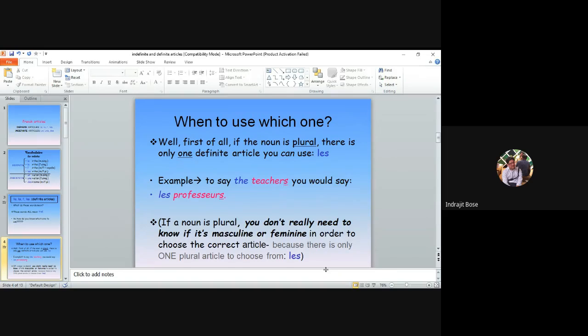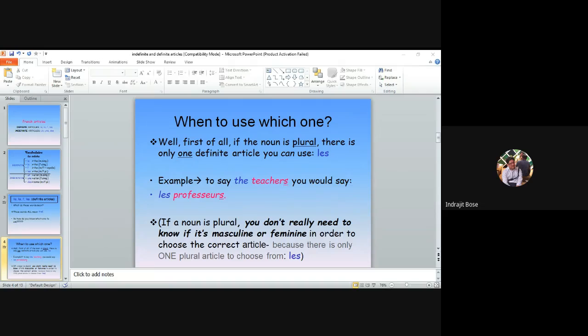For example, let's take the case that we have a masculine singular noun. Let me write for you. Among the nouns that we have considered, we have cahier, or copy. Suppose I want to put a definite article. This is masculine singular. Therefore, I will put le over there. So, le cahier.